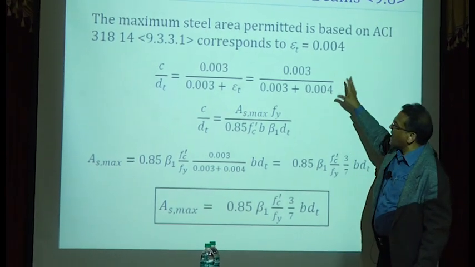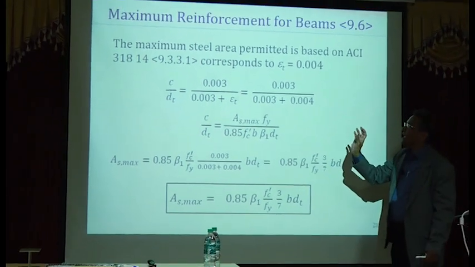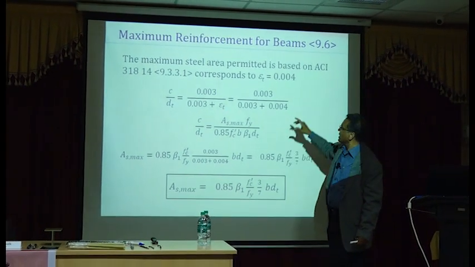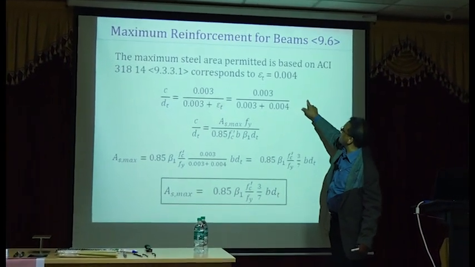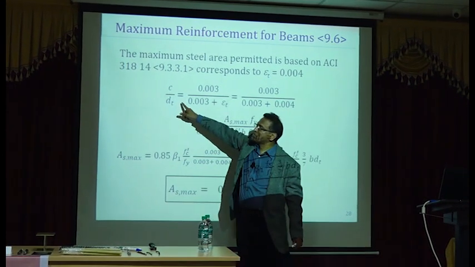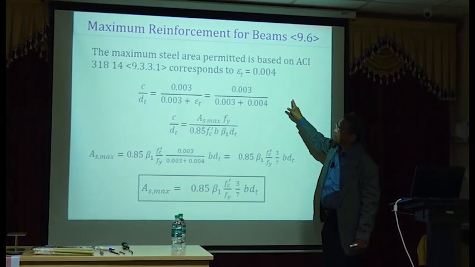Now with that, we can always find out the As max, which corresponds to the depth of 3 over 7. So maximum c is 3 over 7 times dt. That's our maximum.